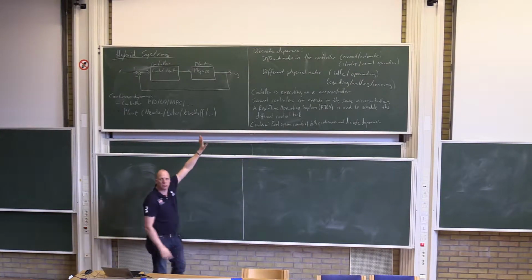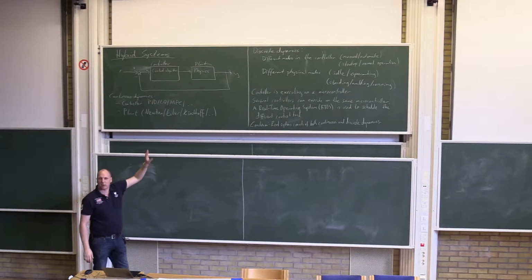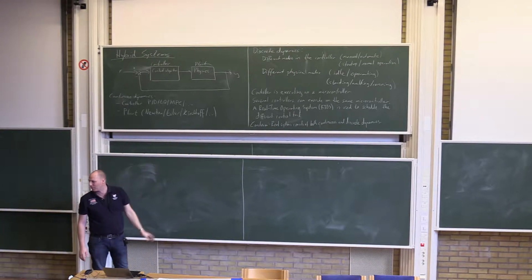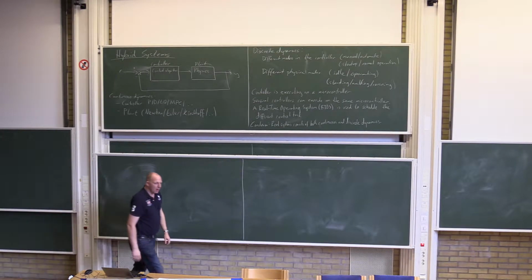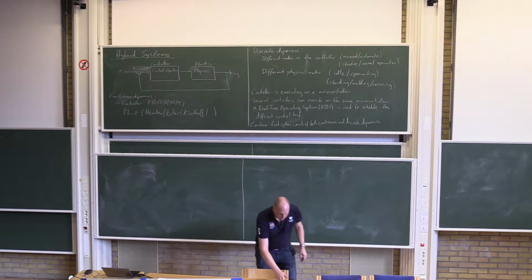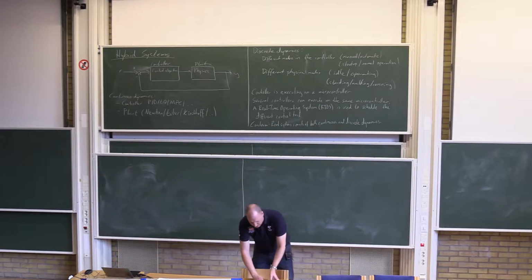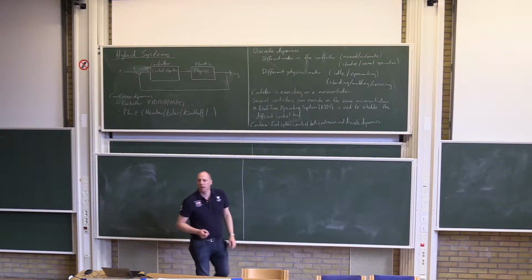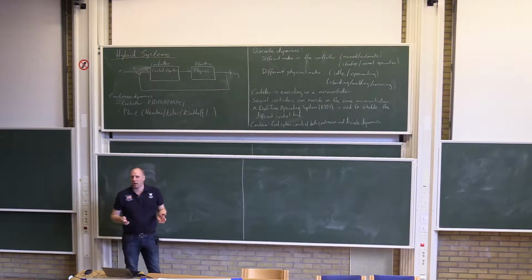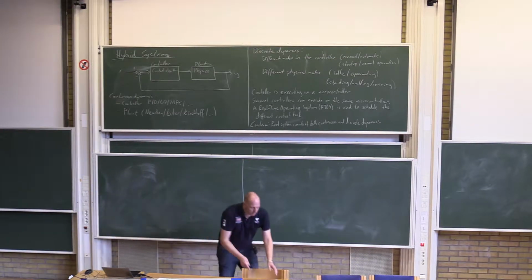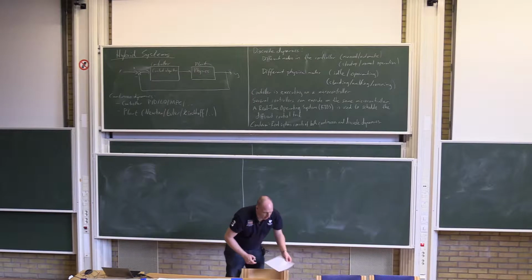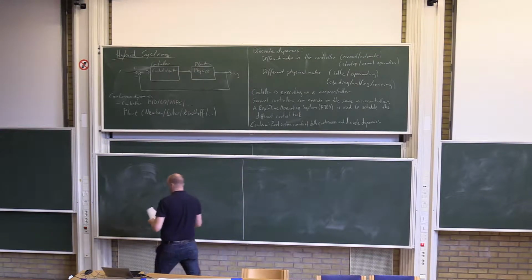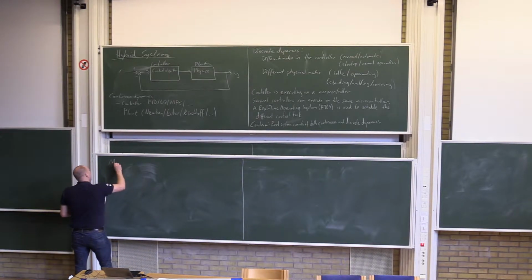But the basic message here is that we can't avoid having to deal with hybrid systems. They are basically everywhere. And as we will see, hybrid systems are really tricky to analyze. So we need to be really careful when we deal with hybrid systems.